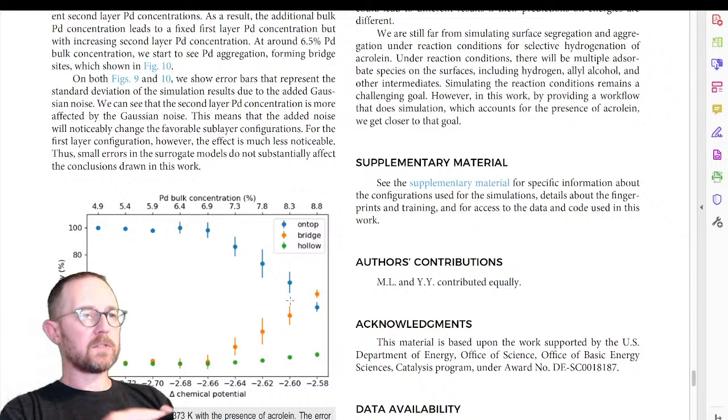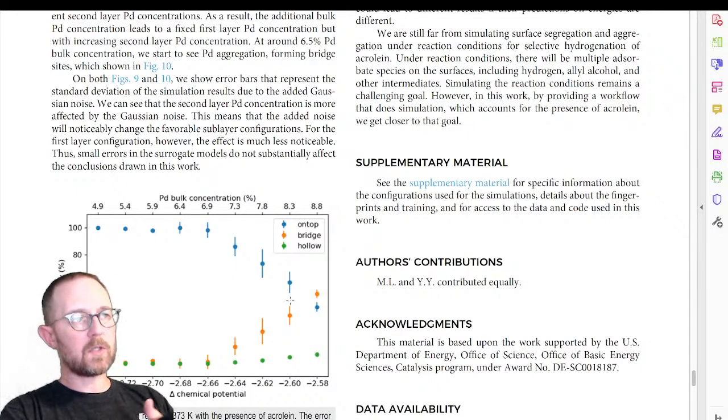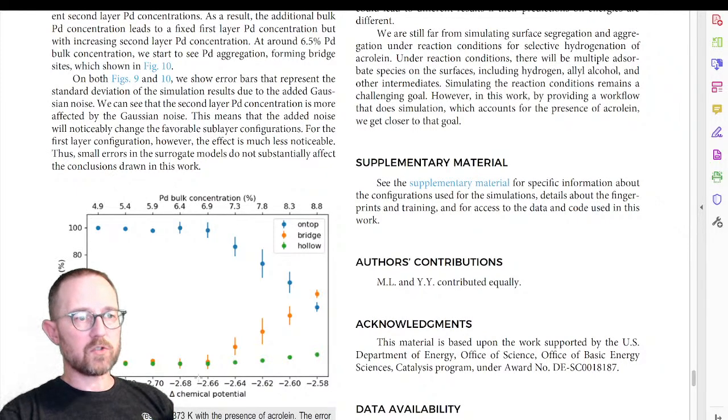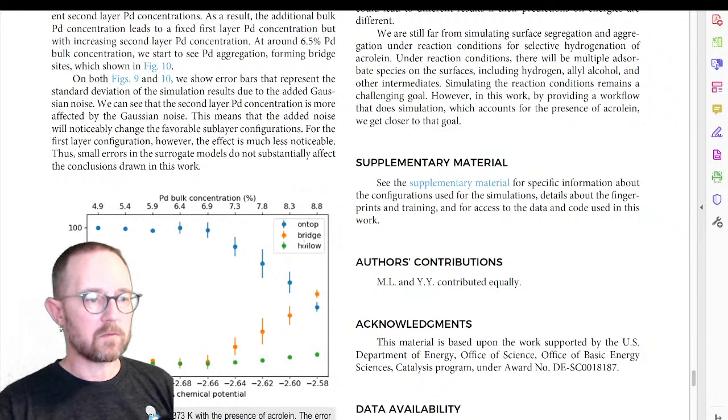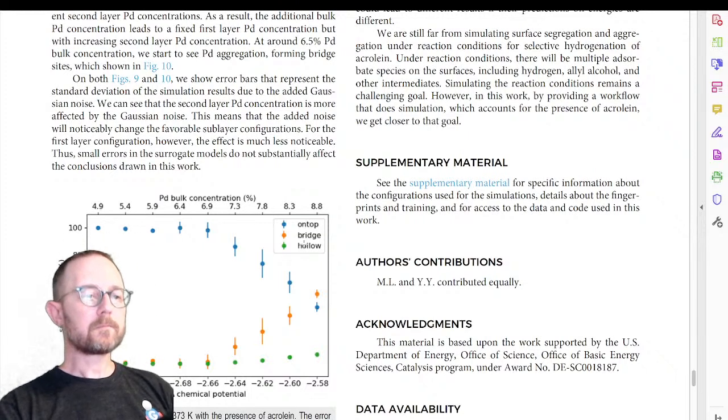When we put it all together so that we can run the Monte Carlo simulations, we finally get to a design goal that says, at least within the limits of the approximations we made and the limits of the accuracy of the DFT model that we used, that we don't want to exceed about 7% palladium in the bulk for the surface that we looked at before you would expect to start to see dimers and trimers and loss of single atom activity.